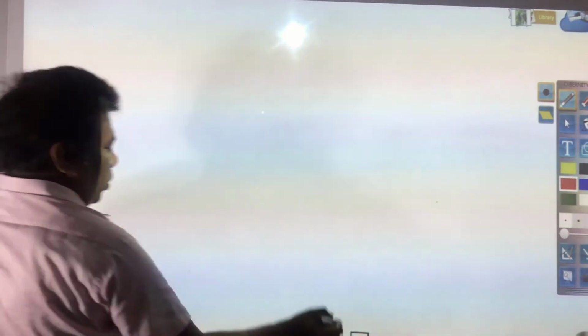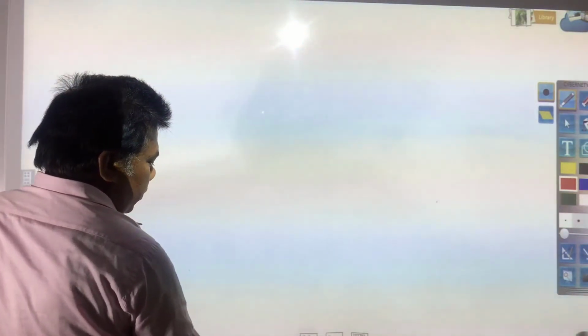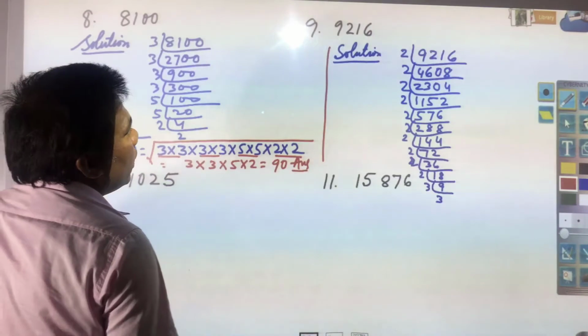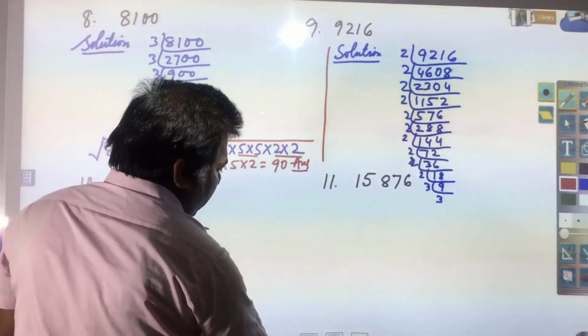So the square root of 9216 we need to write.